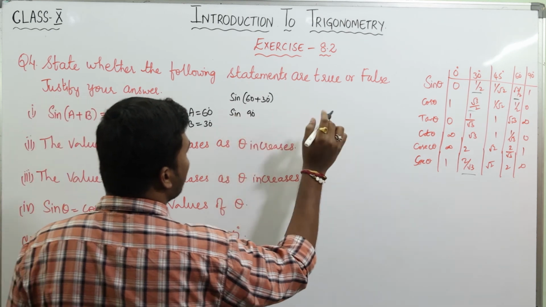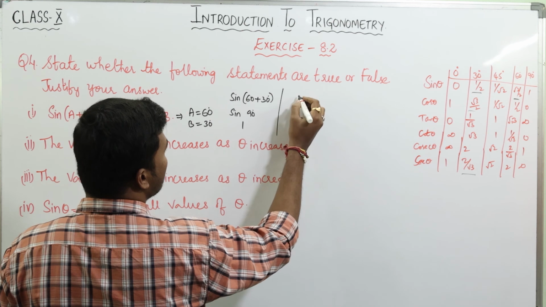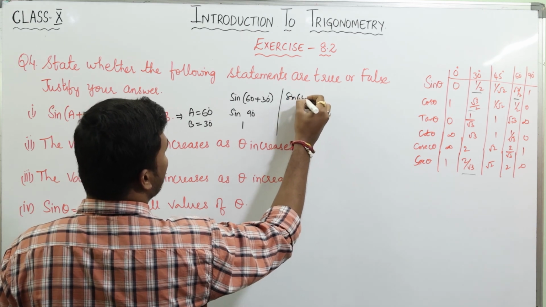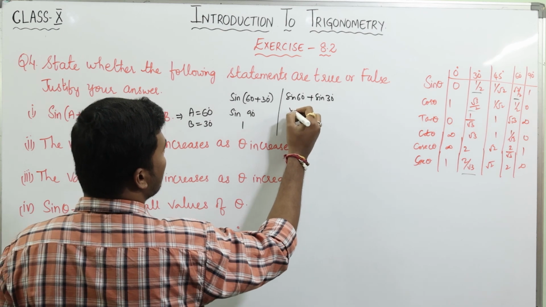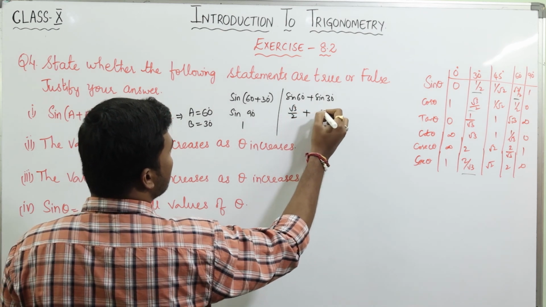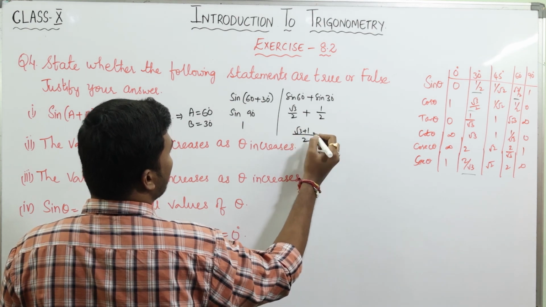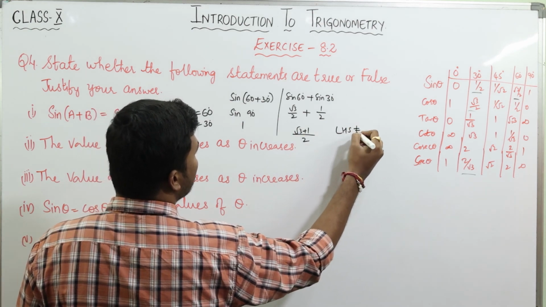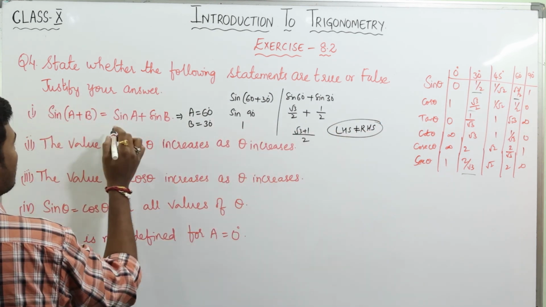Sin 90 is what? 1. Now if I take sin a and sin b individually, that is sin 60 degrees plus sin 30 degrees. What is sin 60 degrees? Root 3 by 2. And sin 30 degrees? 1 by 2. Then it will become, with 2 as LCM, root 3 plus 1 by 2. What you can see here is LHS is not equal to RHS. So therefore, the first one is false.